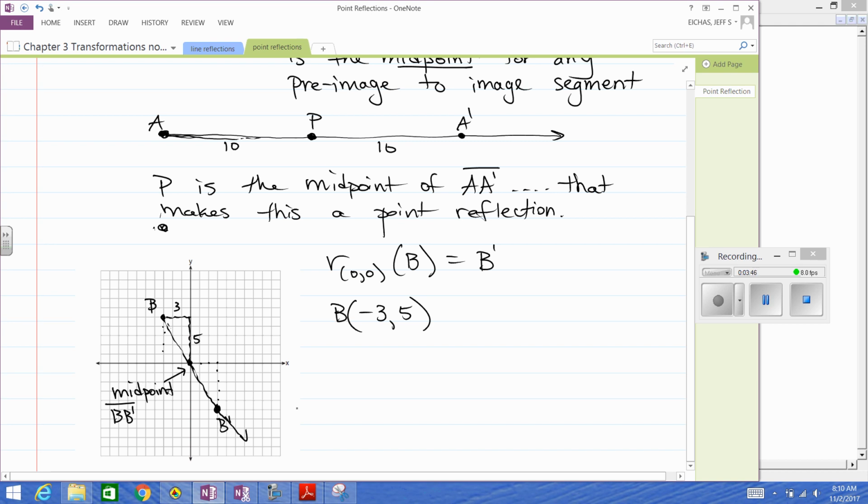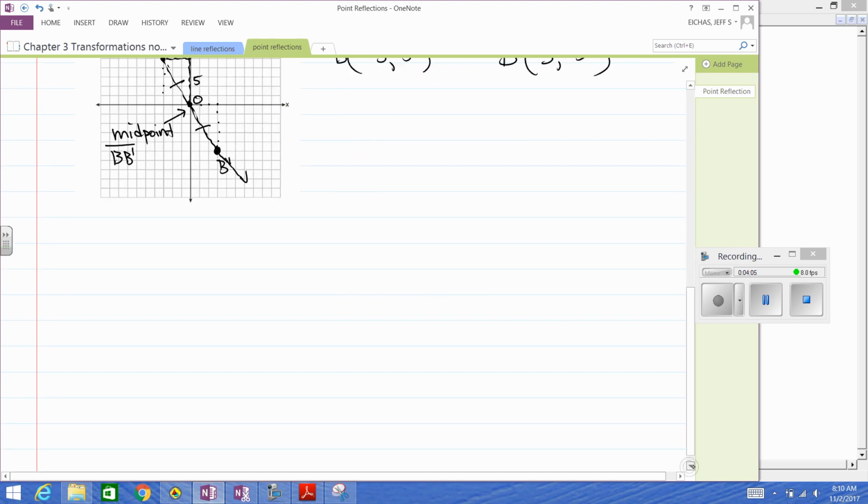You can continue using the same slope, and make sure it's the same distance away. So B to the origin, usually we call it O, is the same as O to B prime. So that's going to map to 3, -5. Let's try another one.